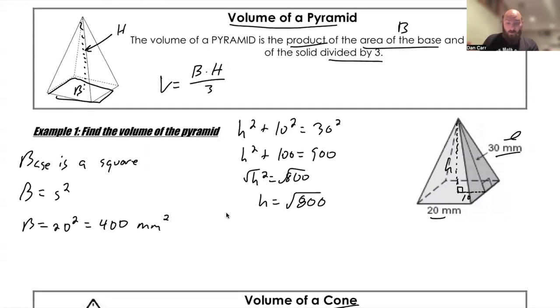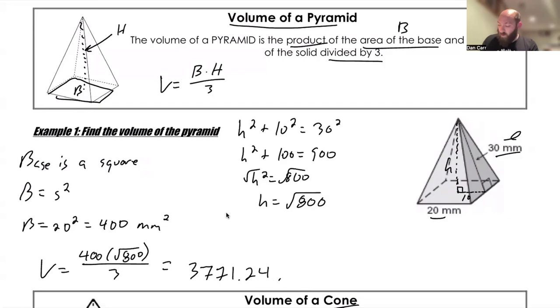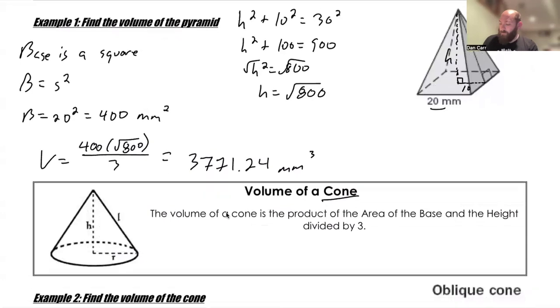Finally, we plug everything into our formula: area of the base times the height divided by 3. I plug that into my calculator and get my decimal number, which comes out to 3,771.24 cubic millimeters.